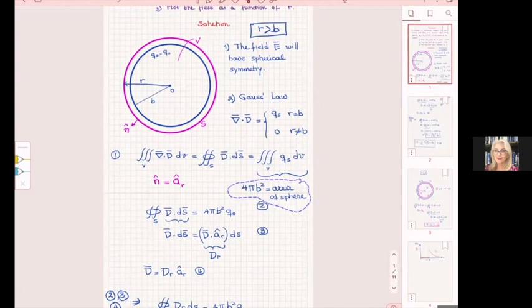The charge is on the surface of the sphere. And because it's uniformly distributed, it's just the surface times the charge density. Okay, yeah.